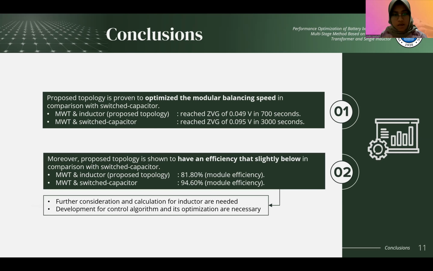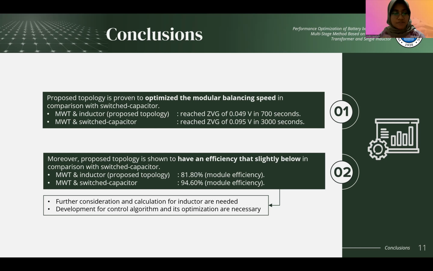However, our proposed topology has slightly lower efficiency in comparison with the switched capacitor, around 81.8% in modular efficiency, whilst the capacitor-based one has about 94.6% in modular efficiency.